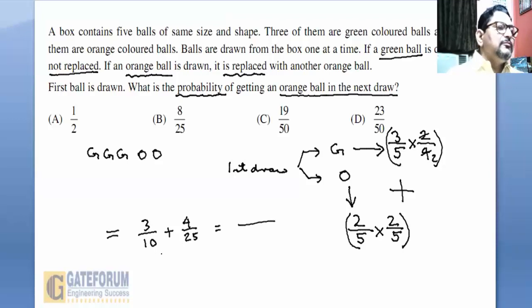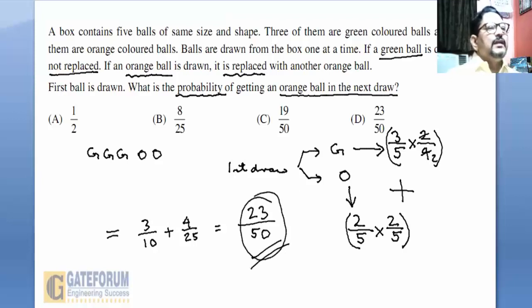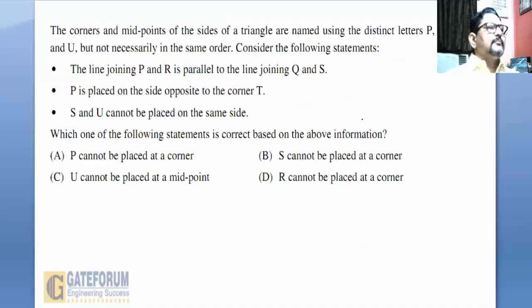The LCM would be 50. So 5 threes are 15 plus 8 is 23. So 23 by 50 is the probability of getting an orange ball in the next draw with the criteria given. Option number B. Right? Let's go to the next one.